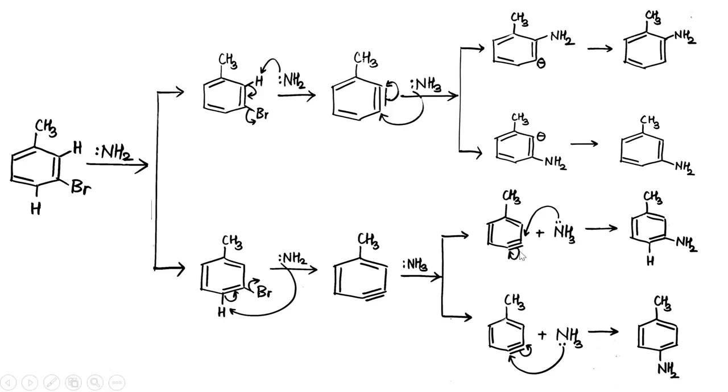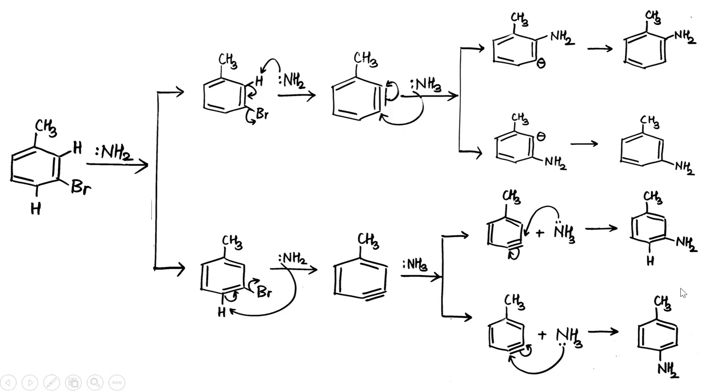So out of all these products, there are four final products. First, when there is abstraction of this hydrogen, you are getting these two products. And second possibility, when this nitrogen abstracted this hydrogen, then these two products are forming.